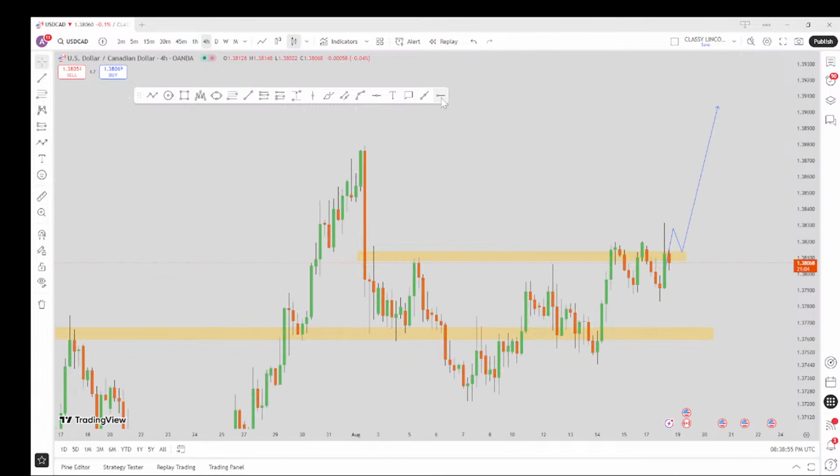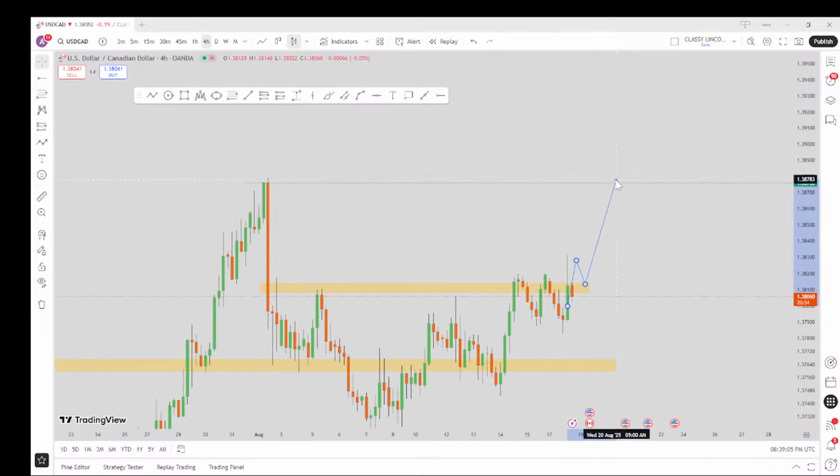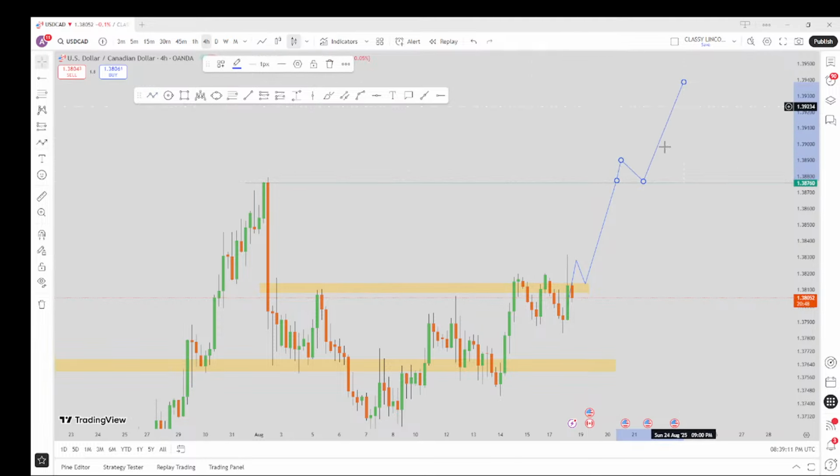If it breaks out of the range and you get an extra confirmation, this area will be our target. If price gets to this level and gives a reaction, normal price action, and later breaks out of this level, we're looking to buy more of USD CAD.